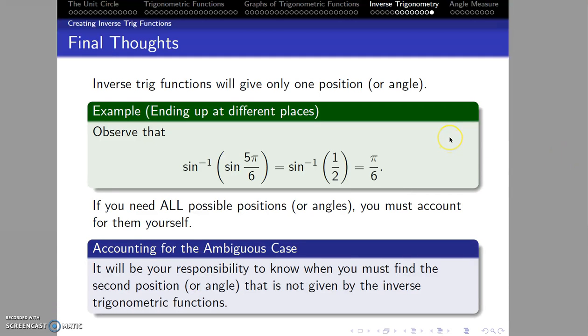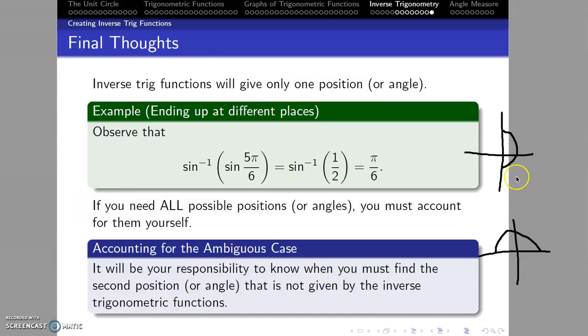Once again, though, just to say this one last time, it will only give you one position on the unit circle. It'll only give you one angle. There are two positions on the unit circle having the same sine value. There are two separate positions on the unit circle having the same cosine. There are two different positions on the unit circle having the same tangent. That's okay, even though inverse trig will only give you one position.